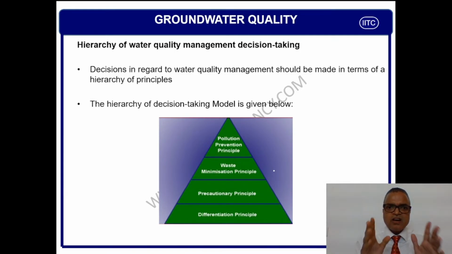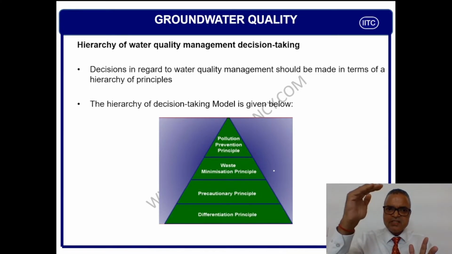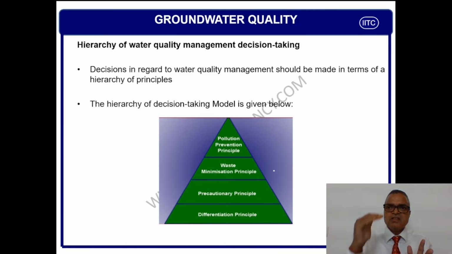First, the pollution prevention principle has to be the first in the hierarchy of decision making. So the first question is how to prevent the pollution. Second, waste minimization. Can we see how to reduce the waste? Then next we look at the precautionary principle. What are the precautionary measures?